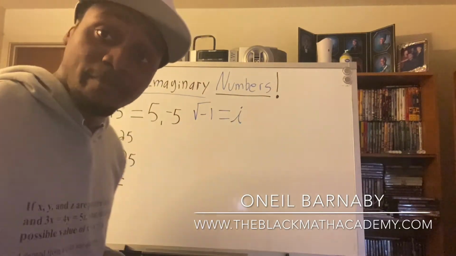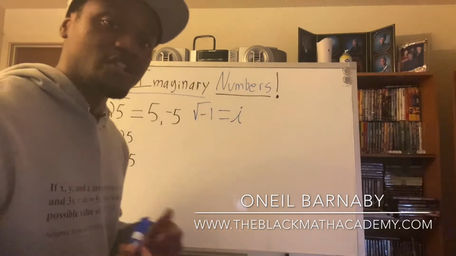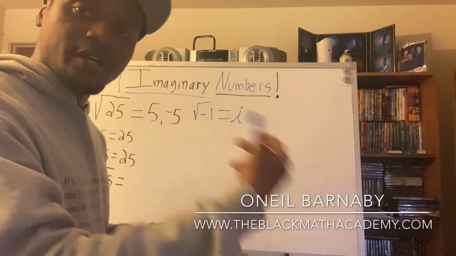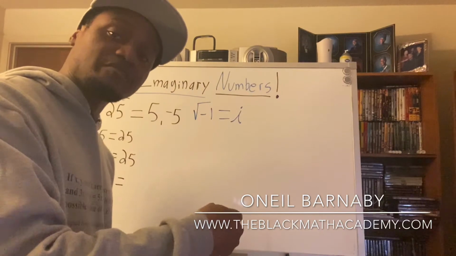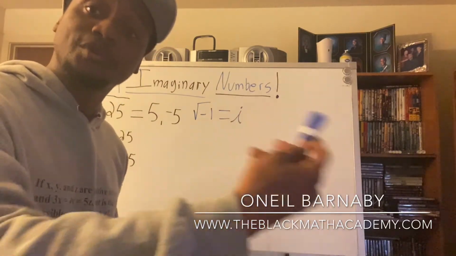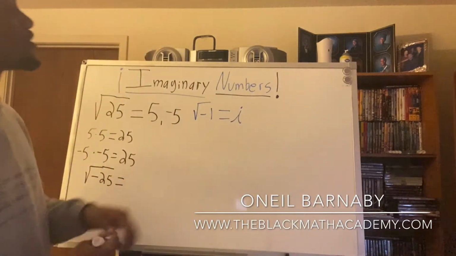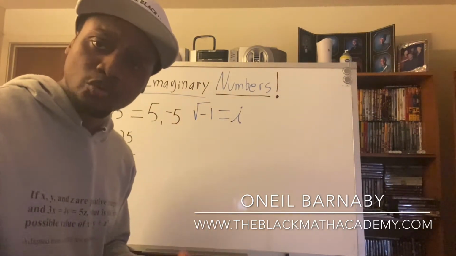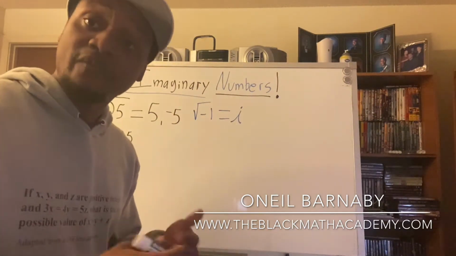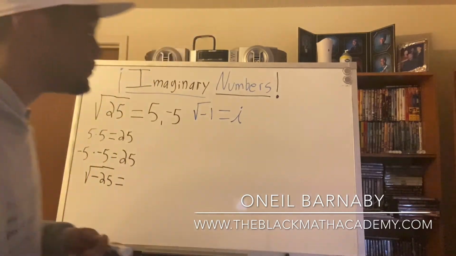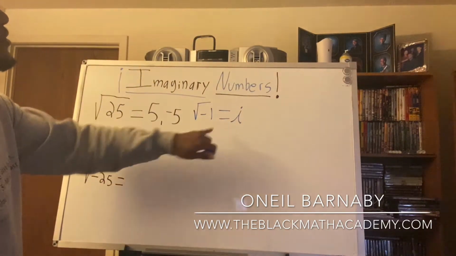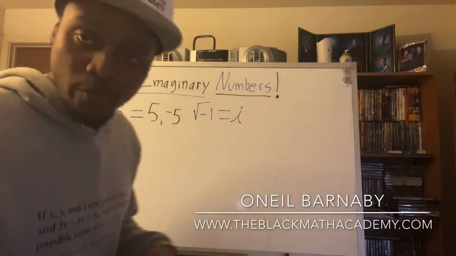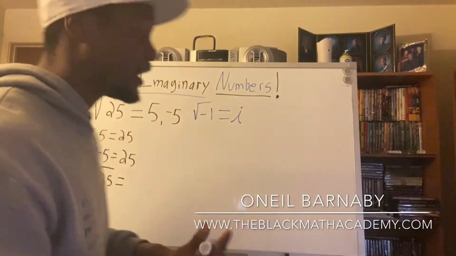Well, what's cool about mathematics is that we can use previous knowledge and information about mathematics to discover something new about mathematics. So based on this rule here, we can then apply all the rules of algebra to discover something new. For example, let's say in this particular equation, we wanted to take both sides to the second power.